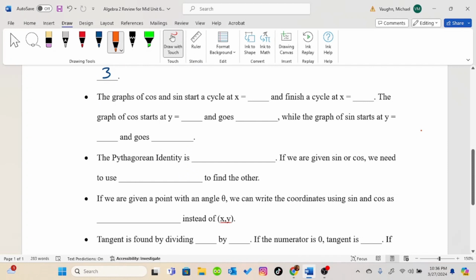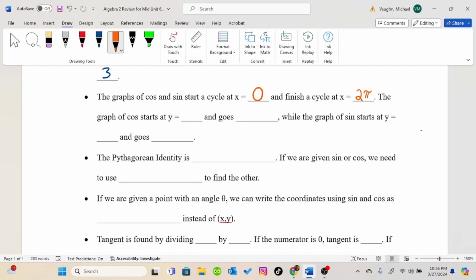The graphs of cosine and sine start a cycle at 0 and finish a cycle at 2 pi. So they have a period of 2 pi, meaning they make one full repetition every 2 pi.